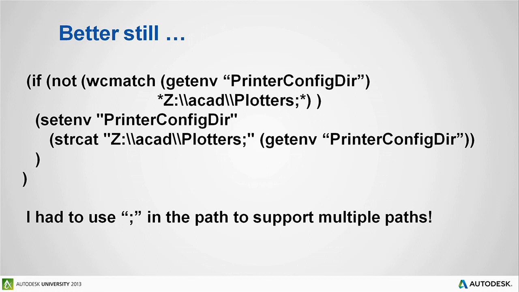No, because I see what you're asking, but the wildcard match is evaluating everything. I see what you're saying. If the user went in there and they took my path, which I put at the top, and they specifically moved it down to the bottom, then yes, the next time through I'd add it on again.